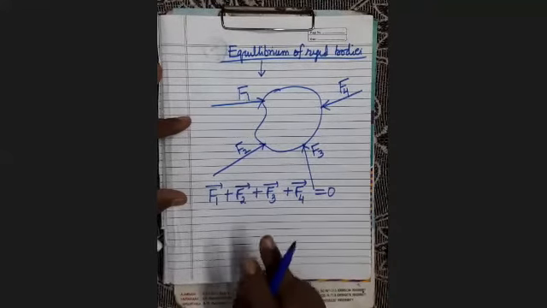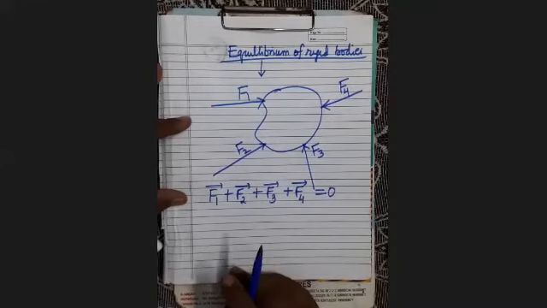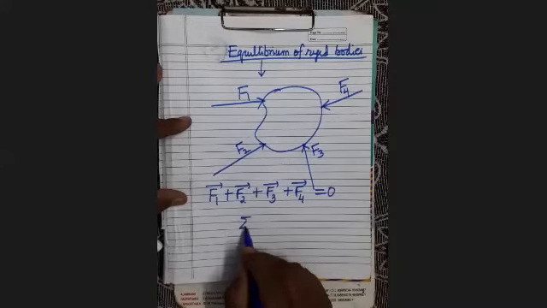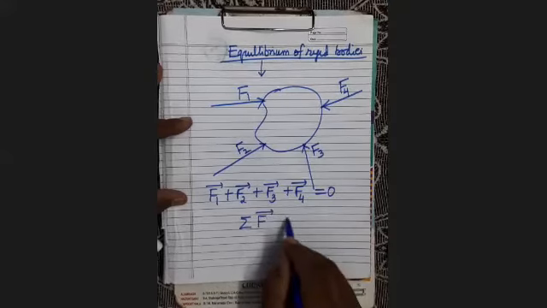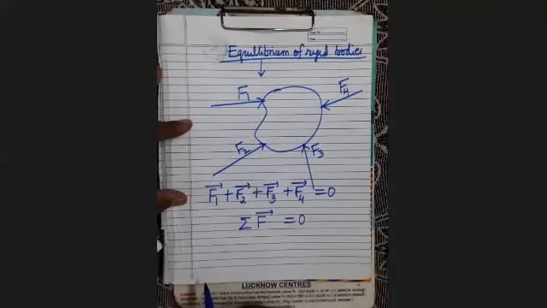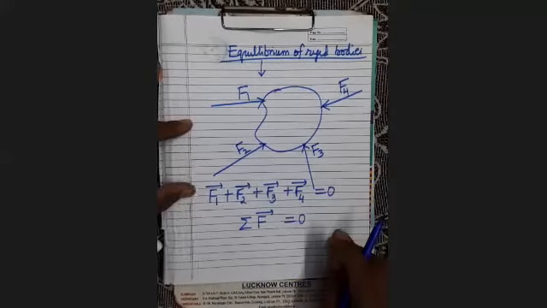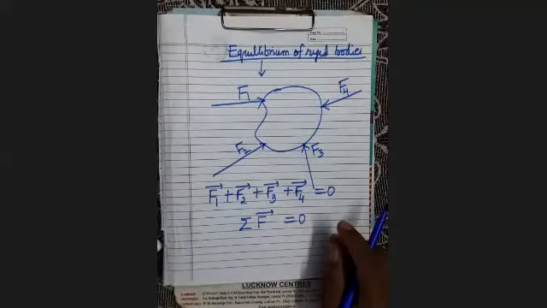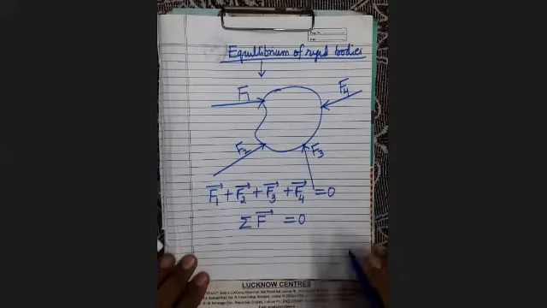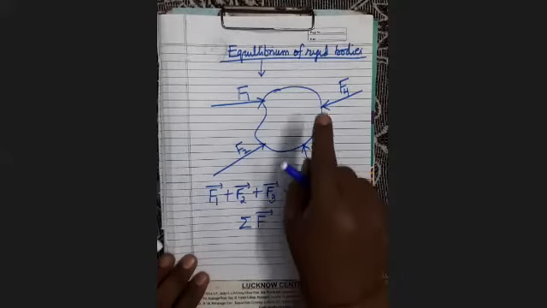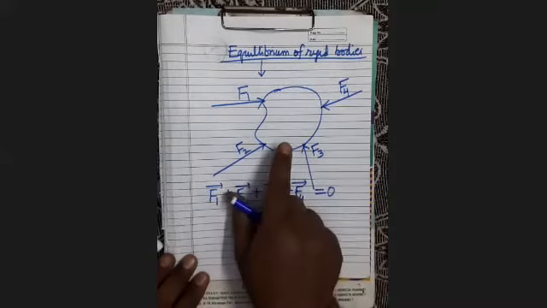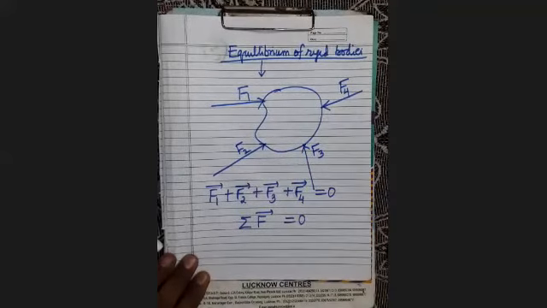So this is the condition of translational equilibrium. We can say that sigma vector F will be equal to zero. If this is zero, then body will be in the translational equilibrium. If before applying the force, it was at rest, then still it will remain at rest.